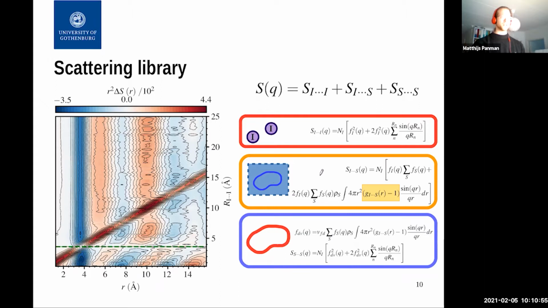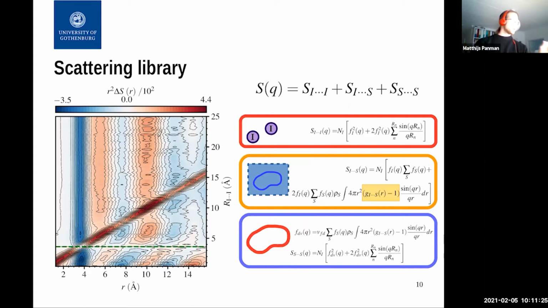The cage term requires you to run MD simulations to get the structure of the solvent around your solute. And the solvent-solvent term actually requires both. You take the RDFs that you get from the MD simulations and use them as a form factor to model the cavity that the solute forms in the solvent.